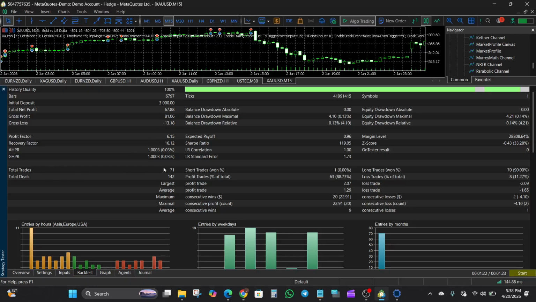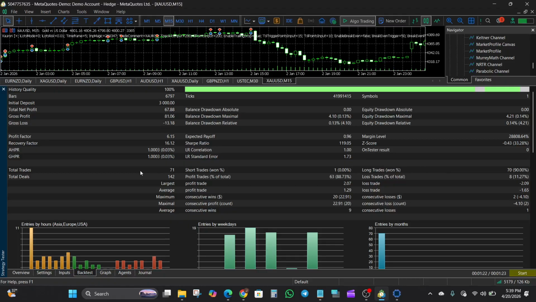Because there were 71 trades taken, and there was one short trade which was not a winning trade, and we had 70 long trades which were winning trades. All right, showing that this EA also follows trend. That is why we have mostly long trades, right? Because we had a bullish trend, right?